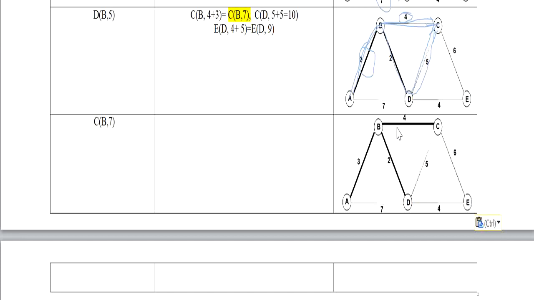The total weight to reach C is A to B, 3, plus B to C, 4, so 3 plus 4 is 7. Finally we are left with only one vertex which has to be reached, and that is vertex E. So vertex E can be reached.